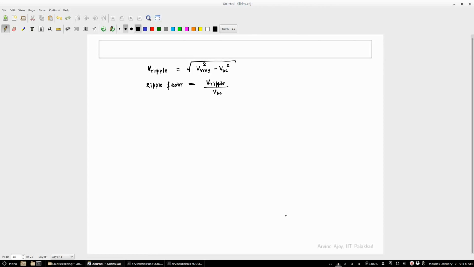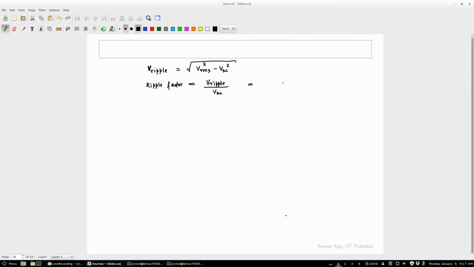This is a measure of how bad your output voltage is compared to DC. So if your voltage was exactly DC, what will the ripple factor be? Check. 0, right? Because your VRMS will equal VDC if your output were perfectly flat.